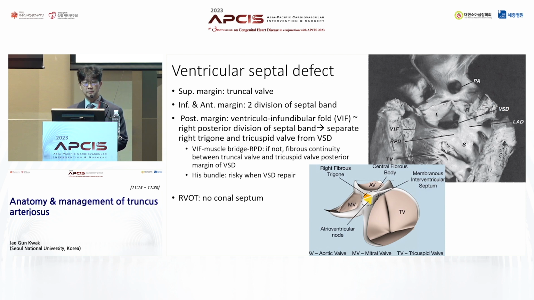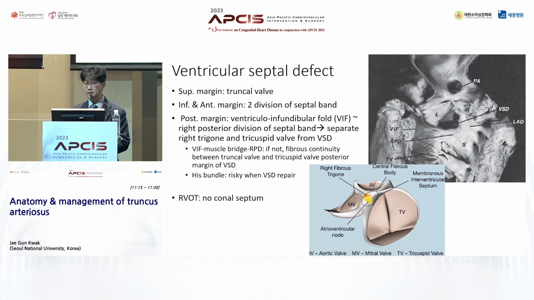In the posterior margin, we have the muscular structure here between the truncal valve and the right posterior division of the septal band. So if this separates the truncal valve and the tricuspid valve, this makes the posterior margin of the VSD.